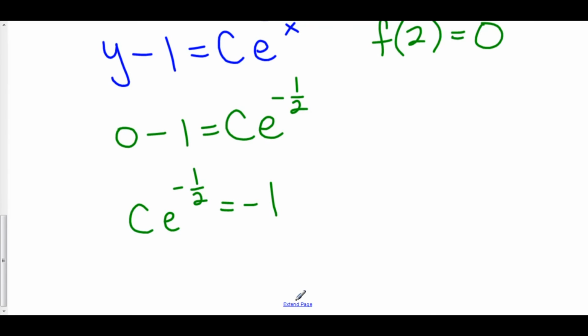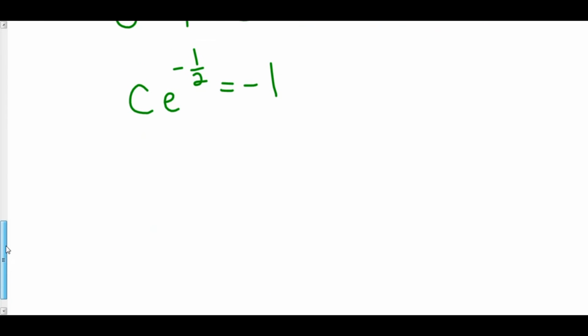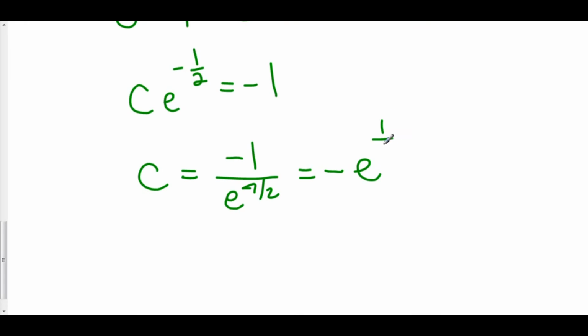And if we divide both sides by e to the negative 1/2, we have c is equal to negative 1 over e to the negative 1/2. Of course, we can raise e to the negative 1/2 by changing the exponent to be positive. So we have c is negative e to the positive 1/2.